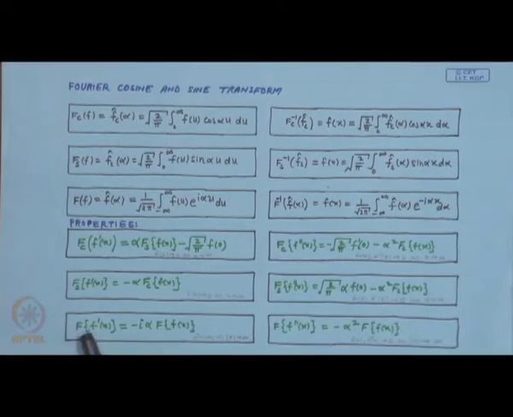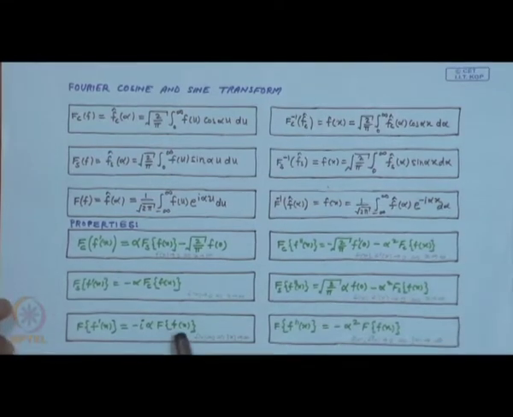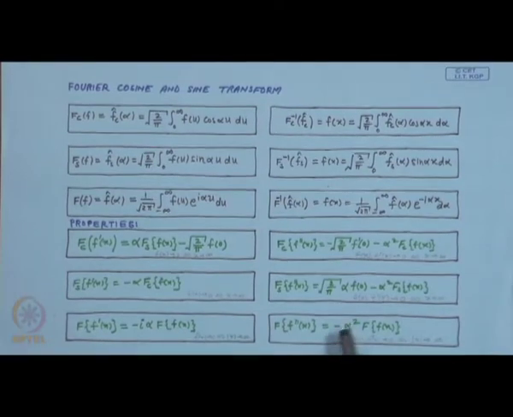And for the Fourier transform, the transform of f prime(x) is minus i alpha times the Fourier transform of f, and for the second derivative we have minus alpha squared times the Fourier transform of f(x). In this case also, f(x) and f prime(x) approach 0 as the absolute value of x approaches infinity.